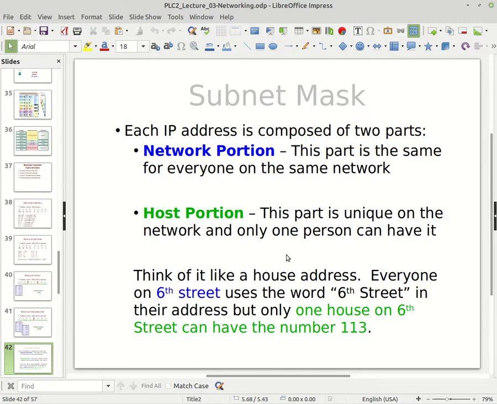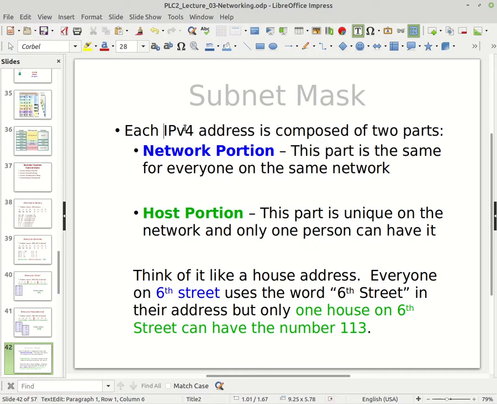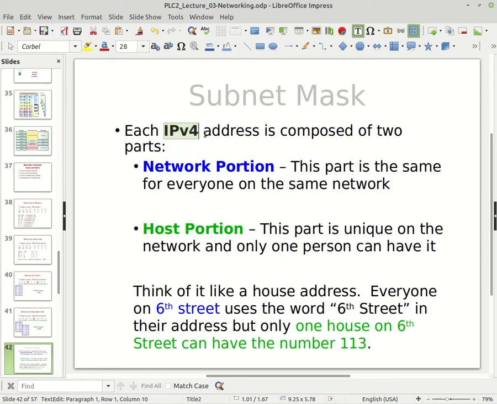Alright, but when we look at an IP address, as I said, IP version 4, usually you'll see IPv4. An IP version 4 address is composed of 2 parts: the network portion and the host portion.